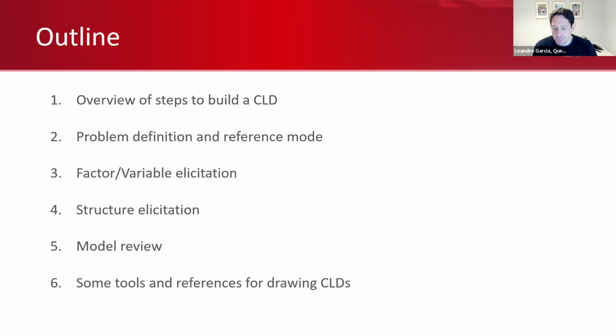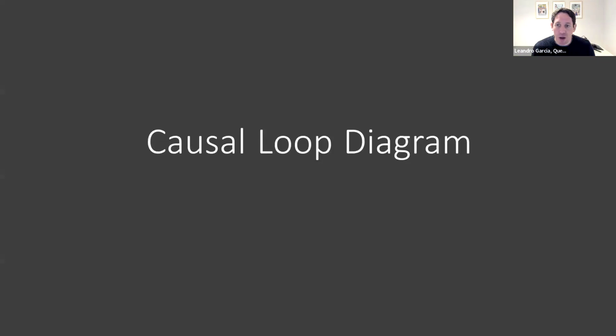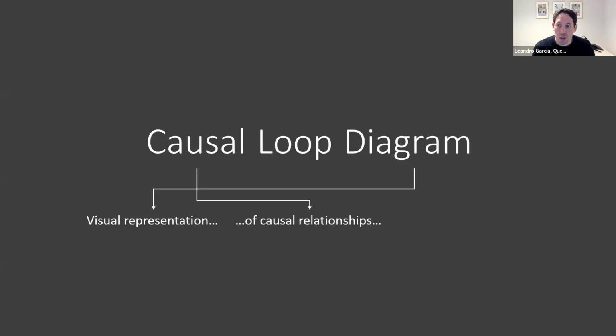In terms of the steps to build a CLD, I don't know how many of you have been in the past workshop, so I'll very briefly define what a causal loop diagram is. It is everything in the name: a causal loop diagram is a visual representation of causal relationships that can be cyclic.